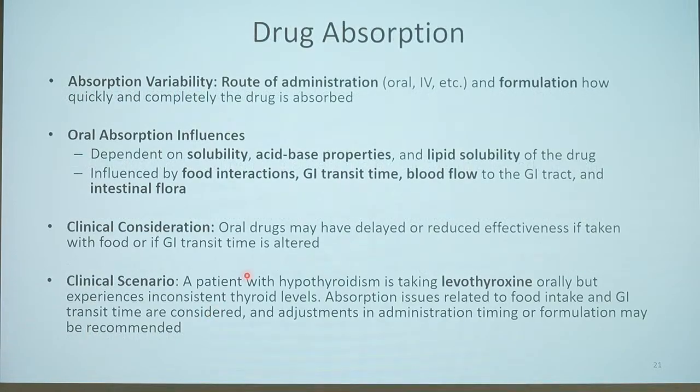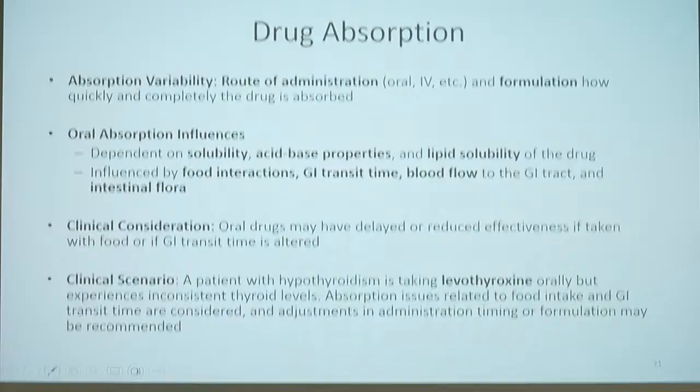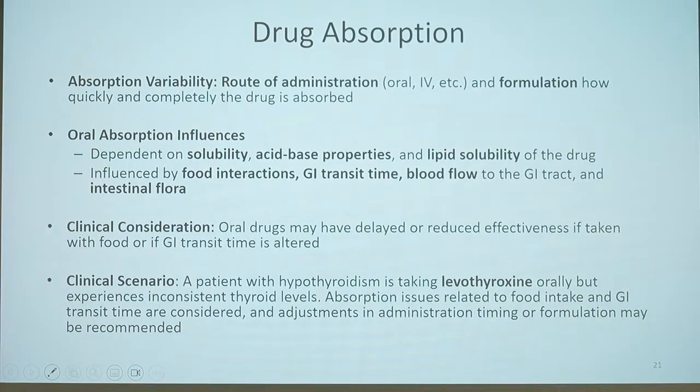So drug absorption, we know the properties that affect drug absorption: blood flow, GI motility, the properties of the drug itself, whether or not it's lipophilic, charged, uncharged, everything that we talked about in the last block of biochemistry.